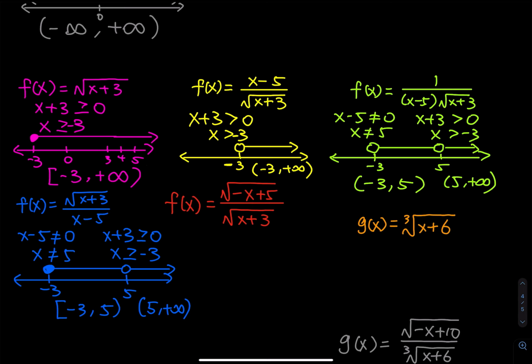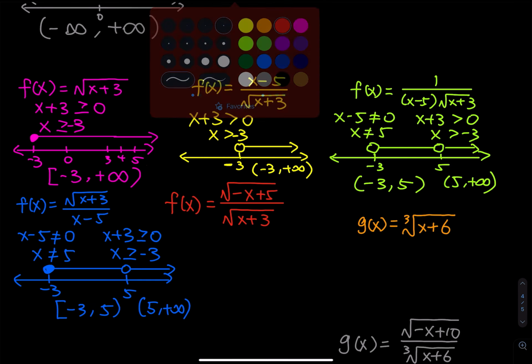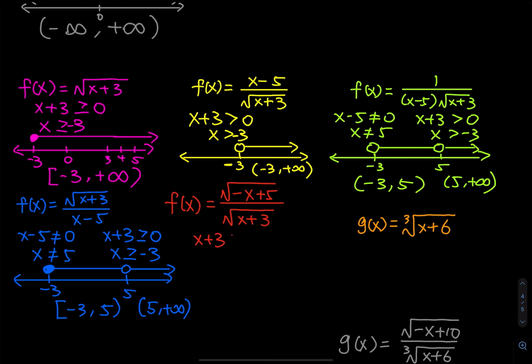Okay, the red one, they are both in square root. So x plus 3 greater than or equal to 0, and then x greater than or equal to negative 3. How about the other one? The other one is negative x plus 5 greater than or equal to 0, negative x greater than or equal to negative 5. So when you multiply both sides by negative 1, you have x less than or equal to 5.